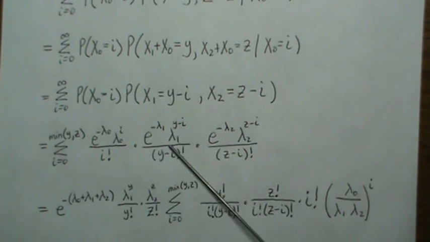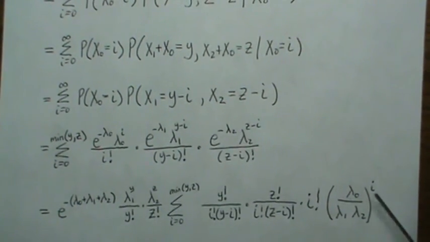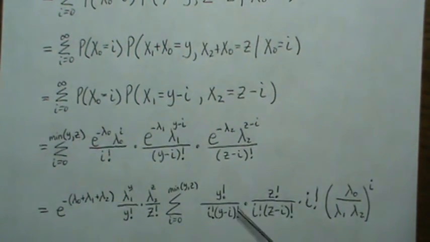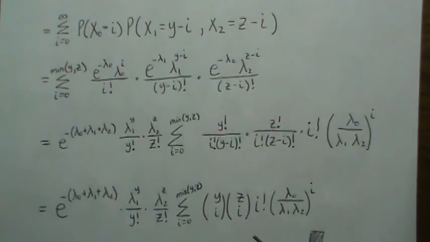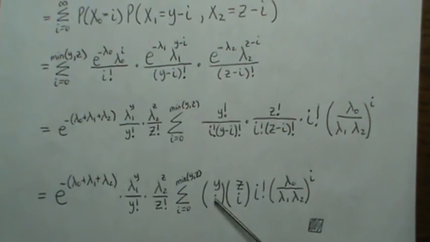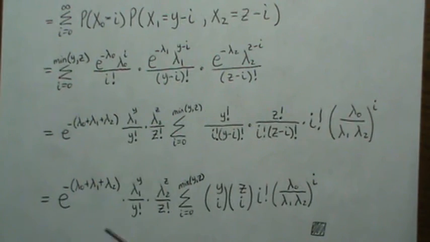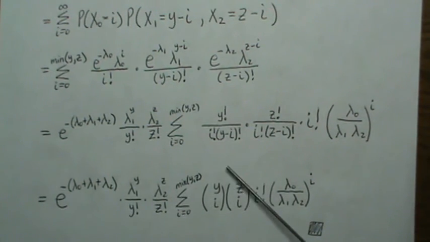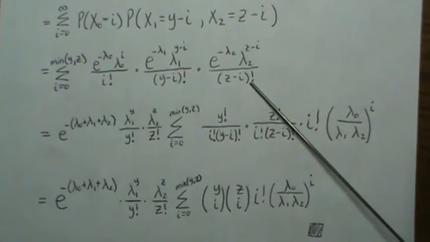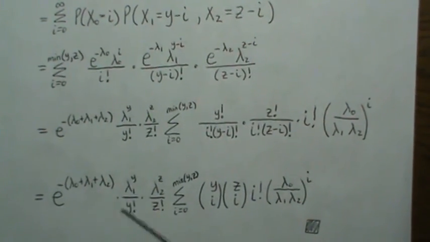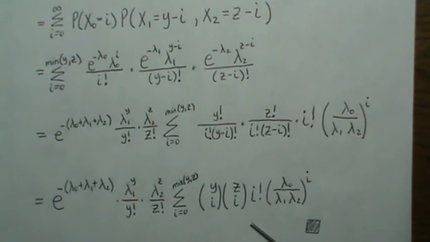And since it's minus i and minus i, you take them to the denominator, and then it's just to the i. Now this right here can be written as the combinatorics, y choose i, z choose i. I almost think that one of these versions up here is going to be less computational, but this is the version that's in the literature, so we changed it.